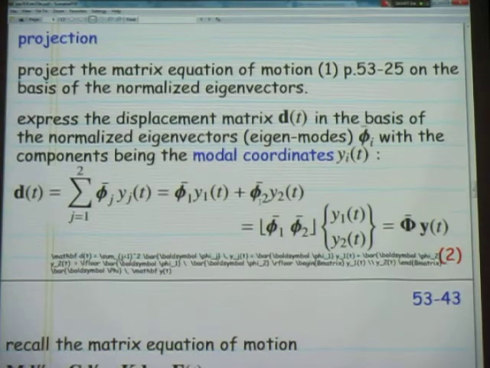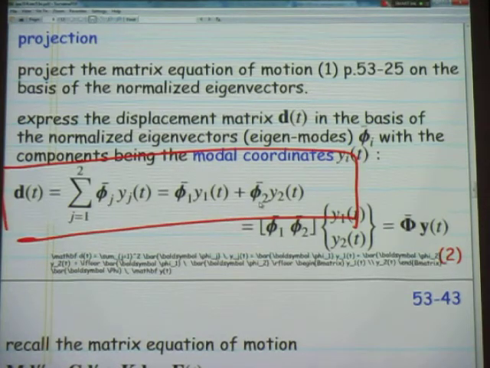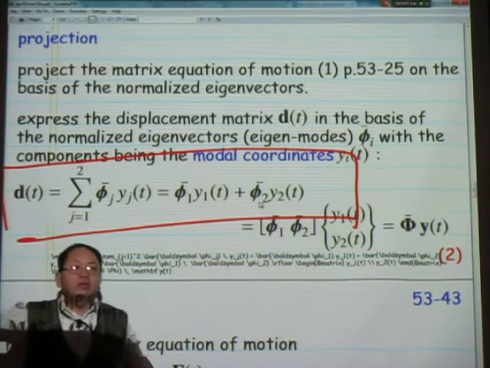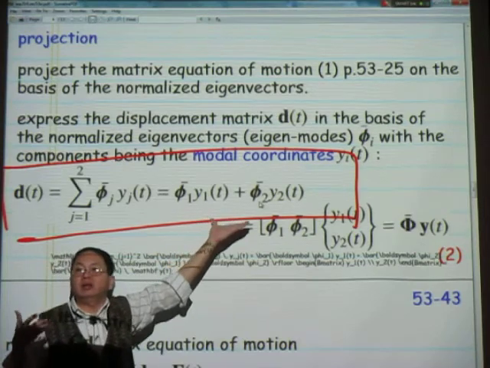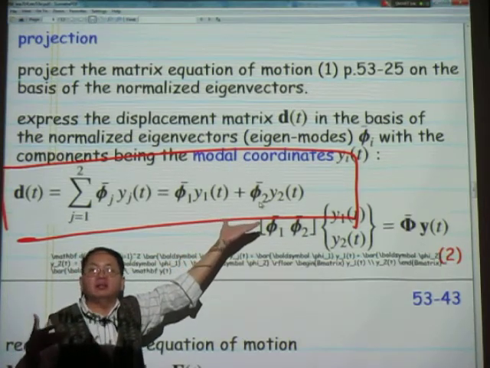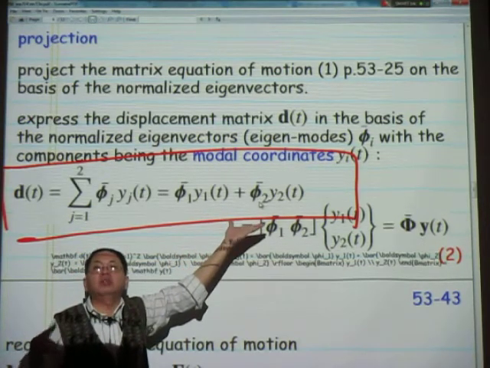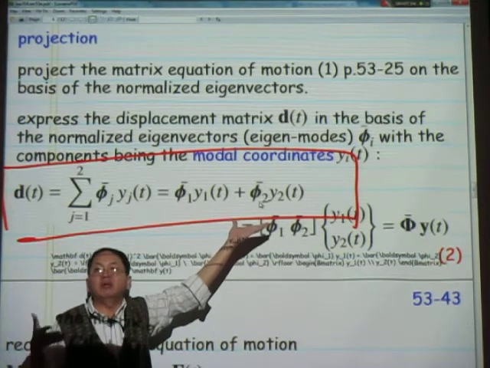I did mention that. If you don't have this step, there's nothing else to do. You need to express the old displacement, or displacement in the old coordinates, in terms of displacement in the new coordinates, and the new coordinates are the eigenvectors obtained from solving the generalized eigenvalue problem.